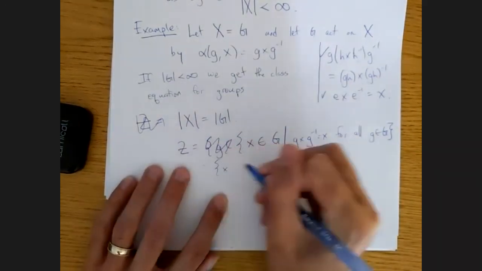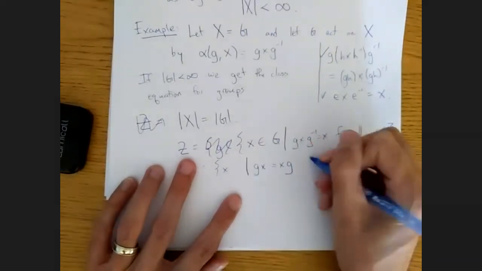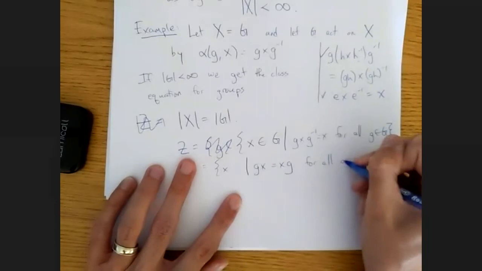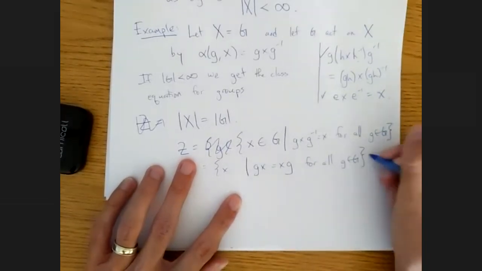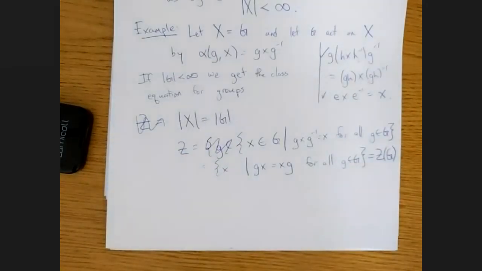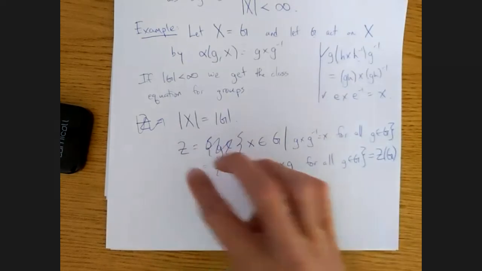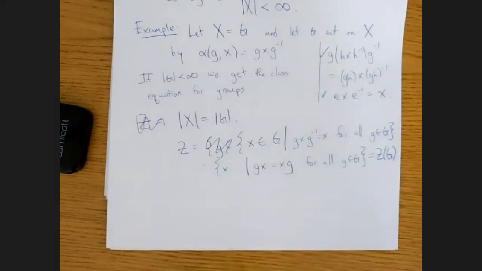So it's all the x's subject to the relation that gx equals xg for all g. And this is really what the center of the group is. So that's lucky, because I have this definition of the center, and it just happens to use the same name as the center of this group action. So that's good. Or else I would have needed a different name for it.